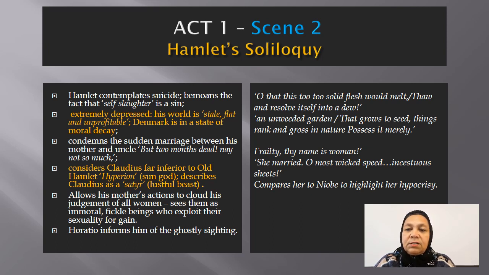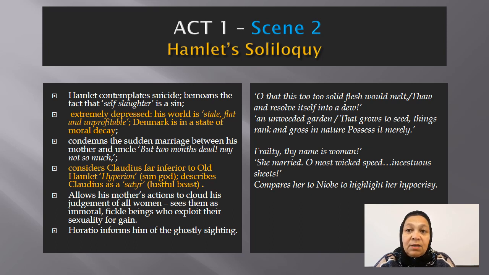Now, in those days, a widow was supposed to mourn her husband and wear black for a certain period. In some countries, that period of observation was 12 months. Here, Gertrude did not even observe a mourning period of 2 months.